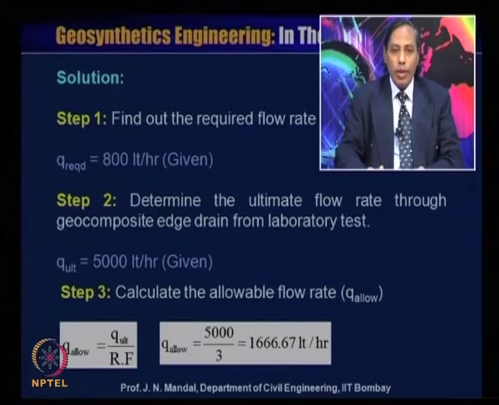Step 3, calculate the allowable flow rate, Q allowable. Q allowable is equal to Q ultimate divided by the reduction factor. Here the reduction factor is 3. So Q allowable will be equal to 5000 divided by 3, which is 1666.67 liters per hour.